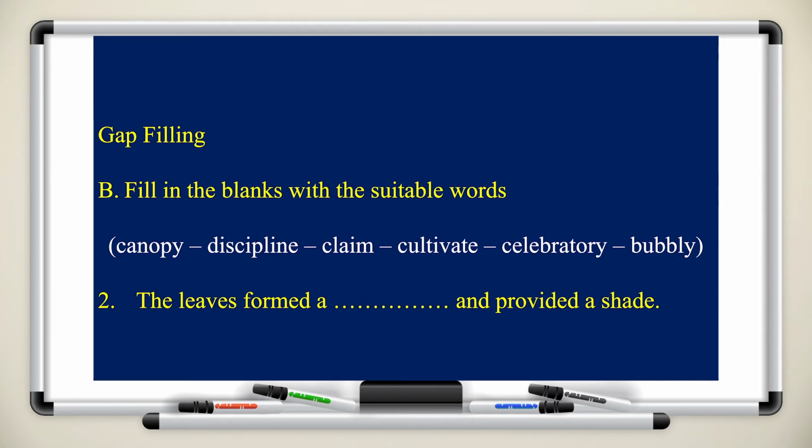How about number 2? The leaves formed a blank and provided a shade. If you remember the first word we had in episode 1, it was our first word in this unit. The word was canopy. So the answer is canopy.